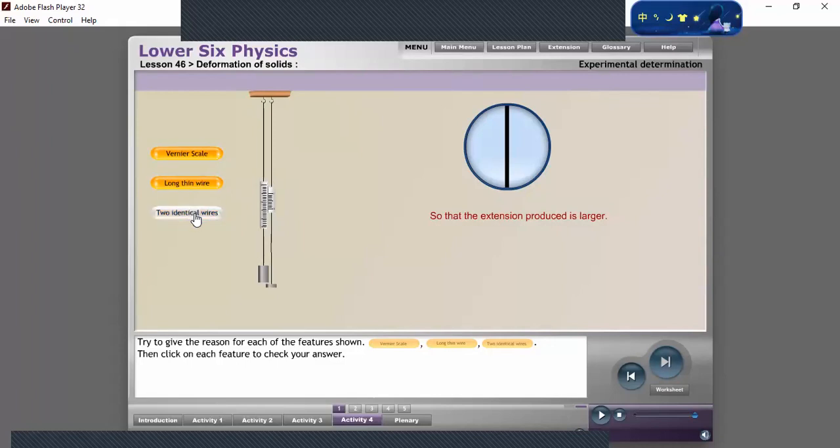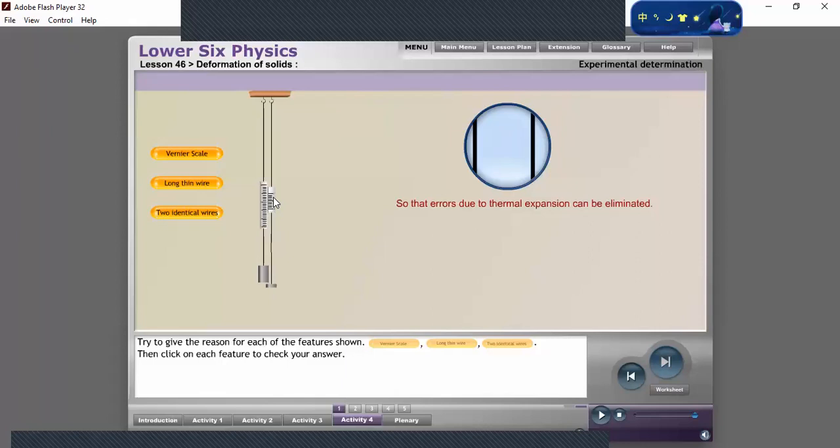We use two identical wires because one of the wires serves as a control set and the other wire as the experiment set. So we apply the load, let the wire extend, and then we can compare how much force makes how much extension.